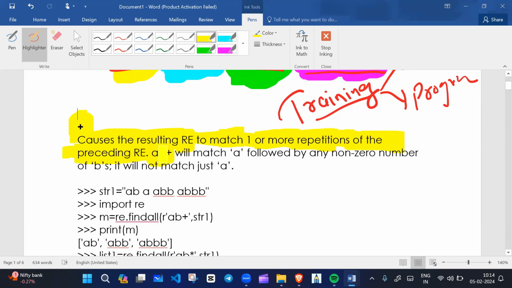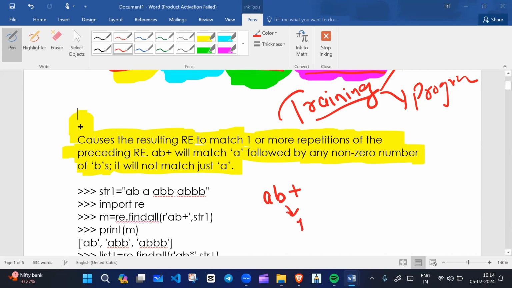What is the meaning of ab+? It will match a followed by any non-zero number of b's. It will not match just a. So ab+ means it can count one or more than one b, but it will not count zero b. Means a followed by at least one b.